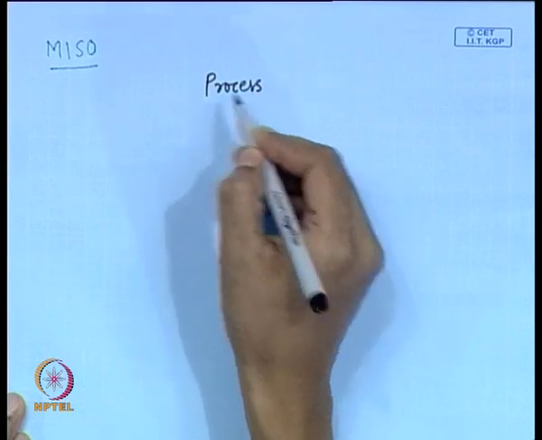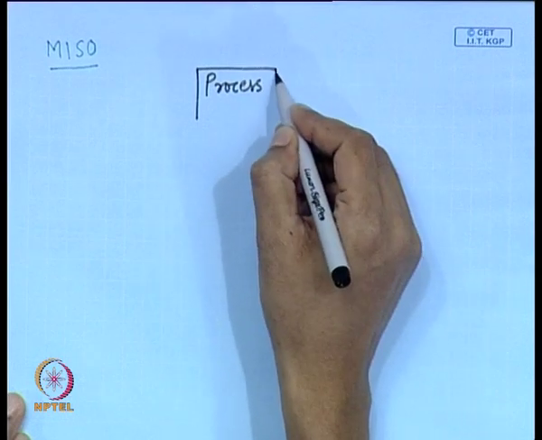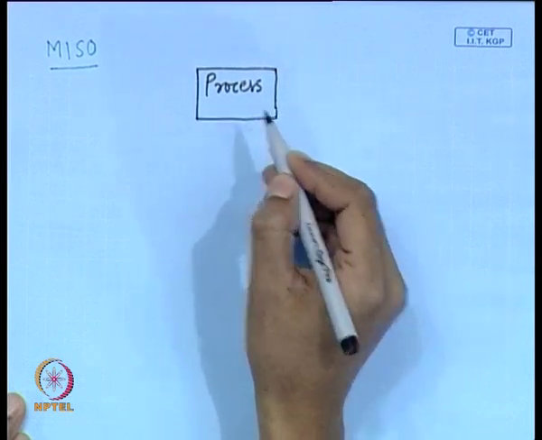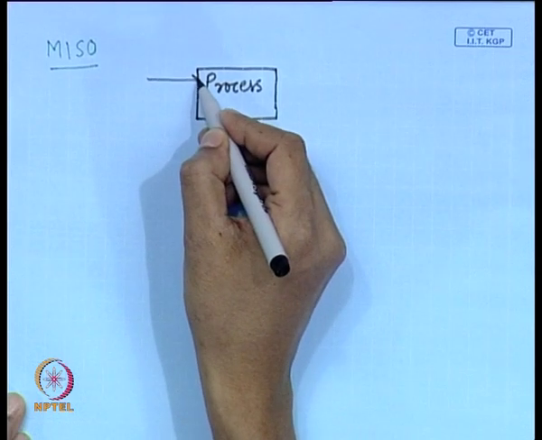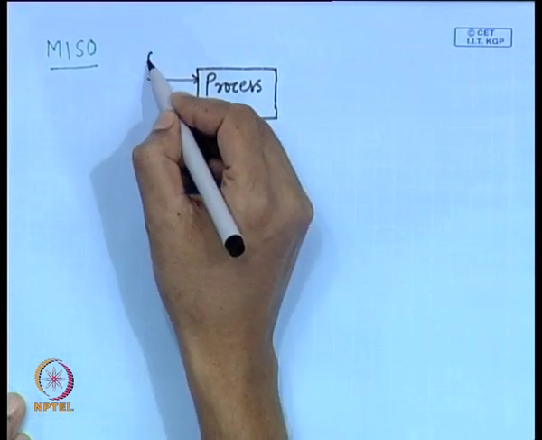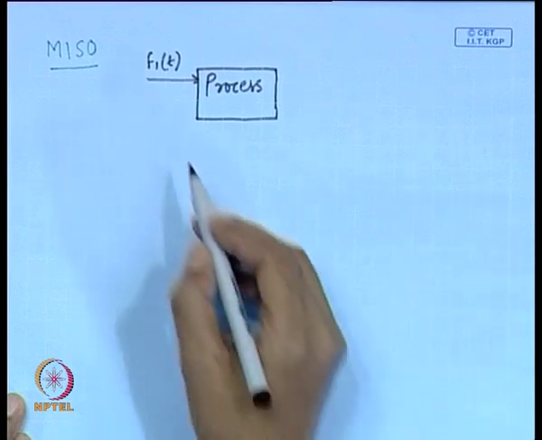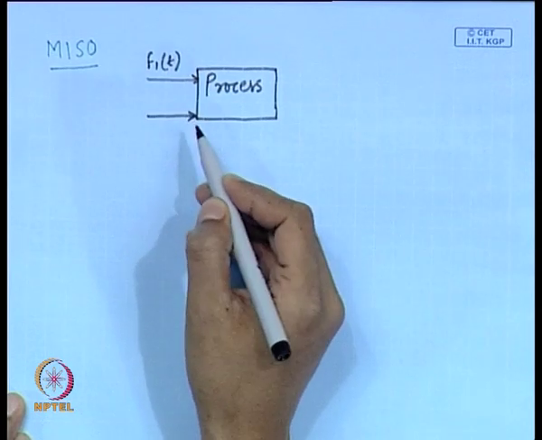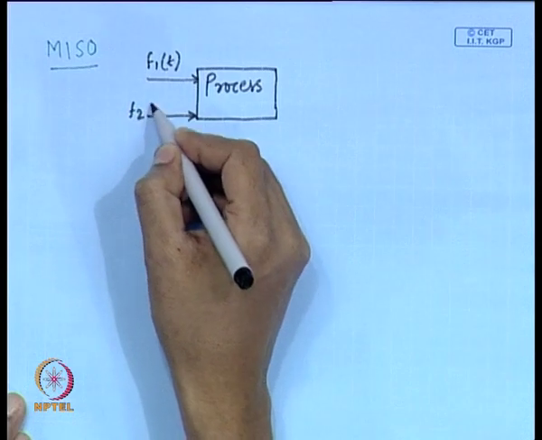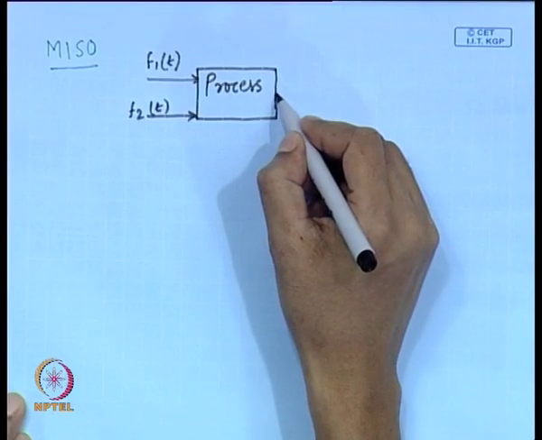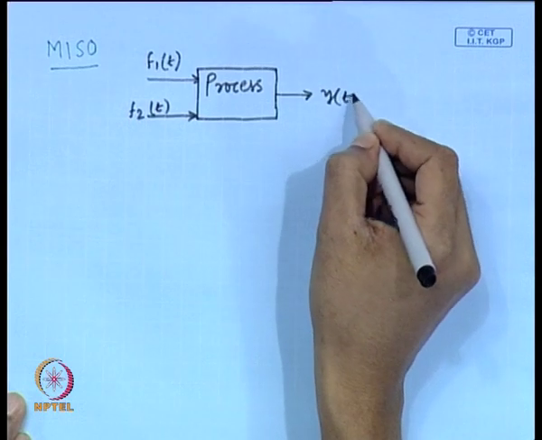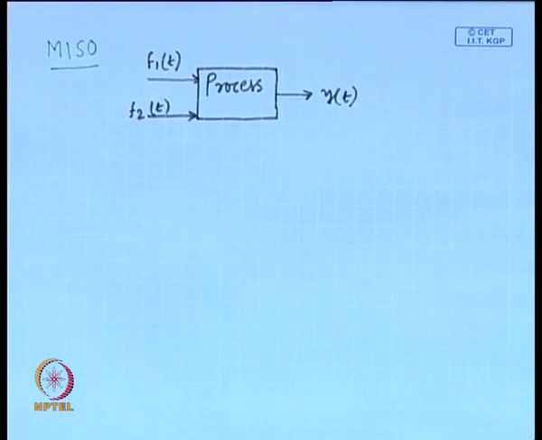Suppose this is the process, this is one input represented by f_1(t), another input we will represent by f_2(t), and a single output, that is y(t). This is the representation of a multi input single output system.